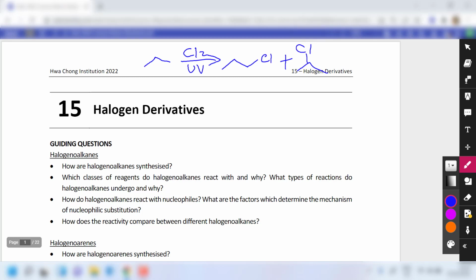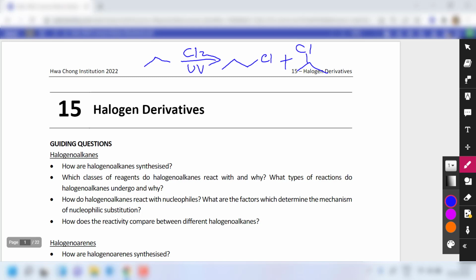Of course, under UV condition, if it's uncontrolled, then you can get multiple substitution. These two compounds are representative of what we call halogen derivatives, known as chloroalkanes. These are very useful compounds which we didn't quite touch on last year.